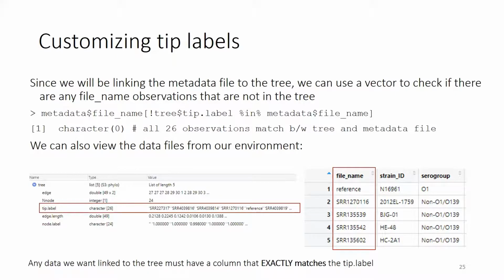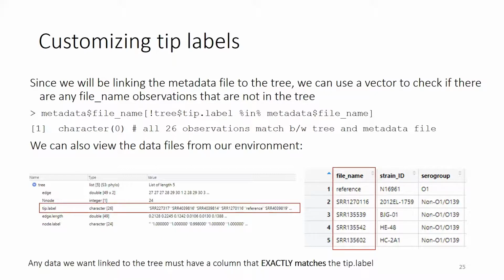So besides just viewing these two files, we can also create a vector that will check if there are any file names in the metadata file that don't match any of the tip labels. So hopefully that makes sense. And this operator here, it's like %in%.